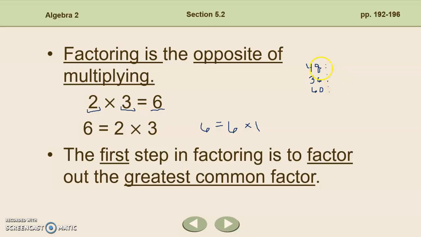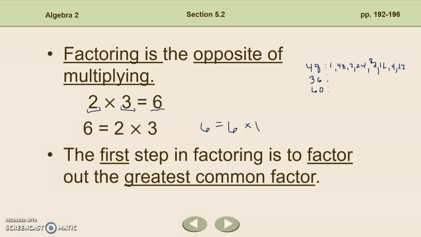So the different factors of 48, you had 1 and 48. You had 2 and 24. Etc., etc. You had 3 and 16. You had 4 and 12.